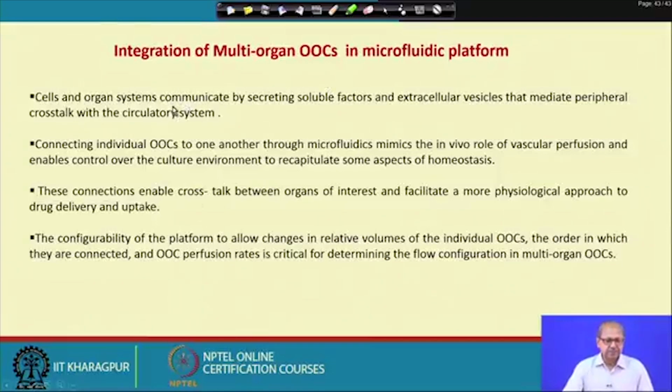Here the basic principle is communication between organs through soluble factors and extracellular vesicles that mediate peripheral crosstalk with the circulatory system. For that, microfluidic mimics are used, like our vascular system, a perfusion system, which enables control over the culture environment and recapitulates some aspects of homeostasis.